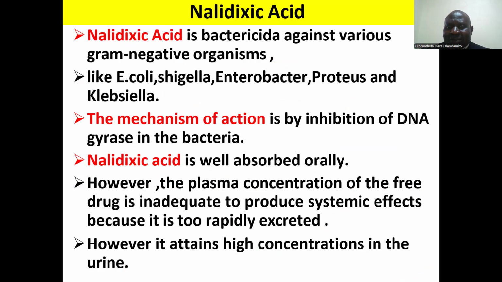Nalidixic acid is bactericidal against various gram-negative organisms, like Escherichia coli, Shigella, Enterobacter, Proteus, especially Proteus mirabilis, and also Klebsiella pneumoniae, and several of those species. But they are bactericidal against these organisms.